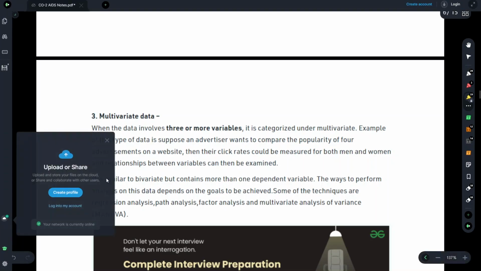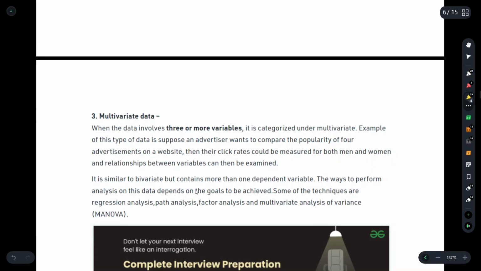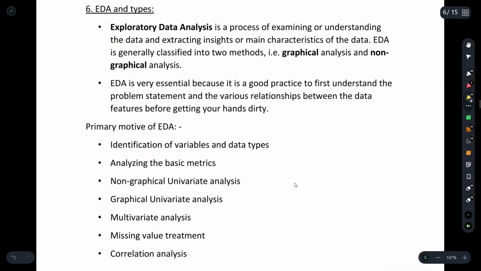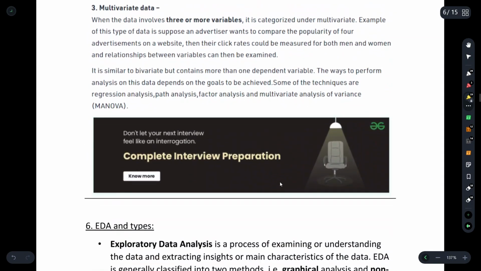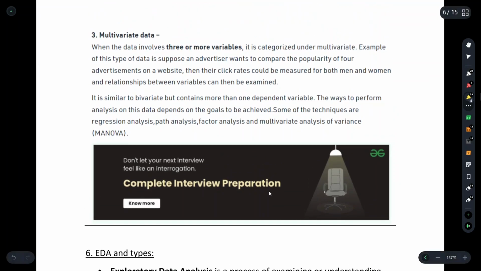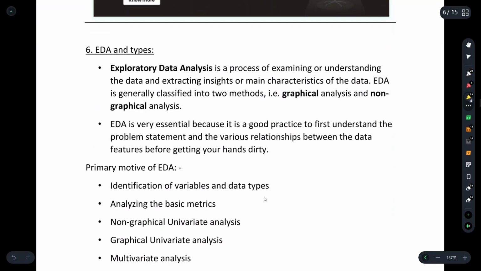That's why it is multivariate data. It is similar to bivariate but contains more than one independent variable. The ways to perform analysis on this data depend upon the goals to be achieved. There will be some specific conditions with which we can perform these operations to complete the analysis of this type of data.